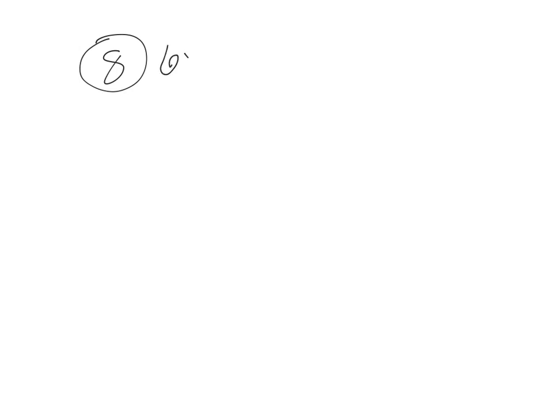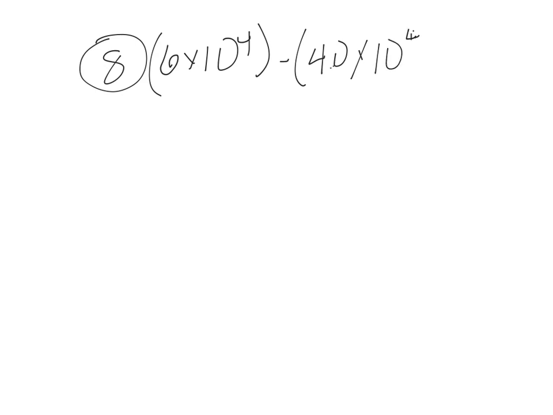So we're going to take 6 times 10 to the 4th minus 4.0 times 10 to the 4th. It would be 6.0 also. And this is divided by 4.0 times 10 to the 4th. So it looks like some wilderness was protected.